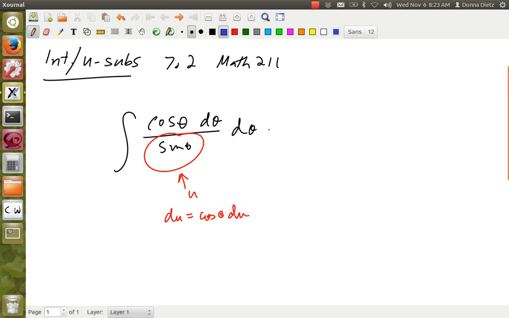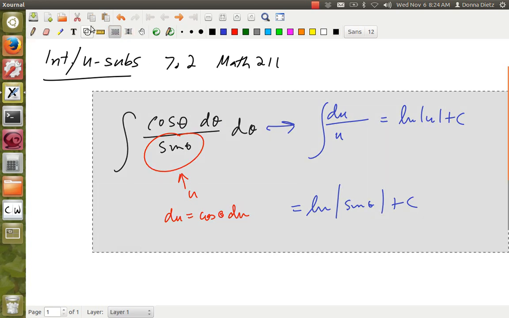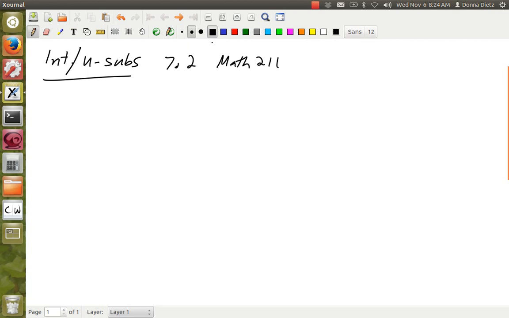And then we have du on top, u on the bottom, is natural log of u plus c. It's really not supposed to be difficult. Some of these are meant to work out very fast, like all these introductory examples. Once you get going, you can just see them and you don't have to really think about them.